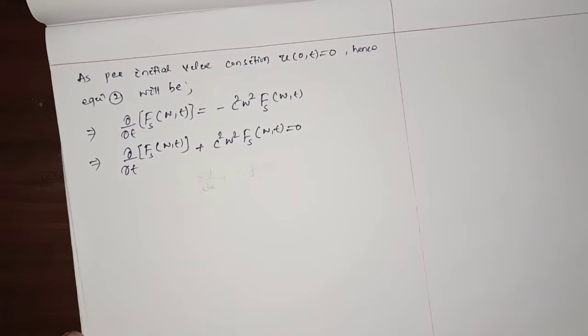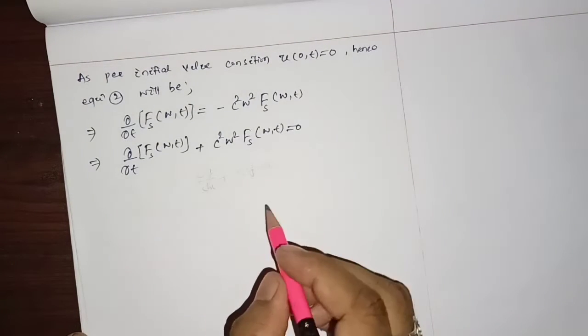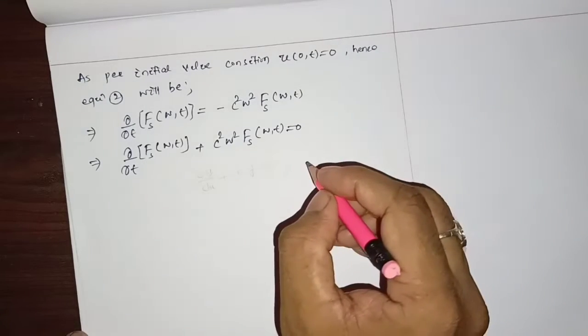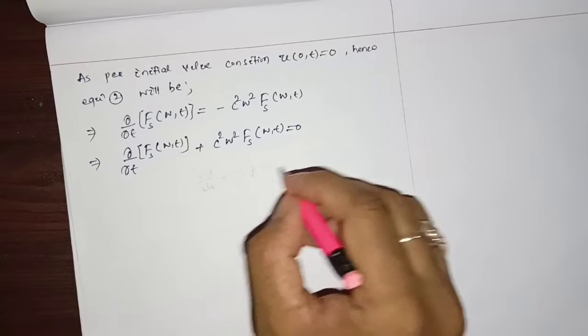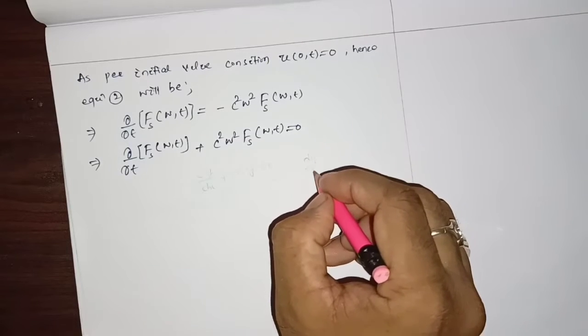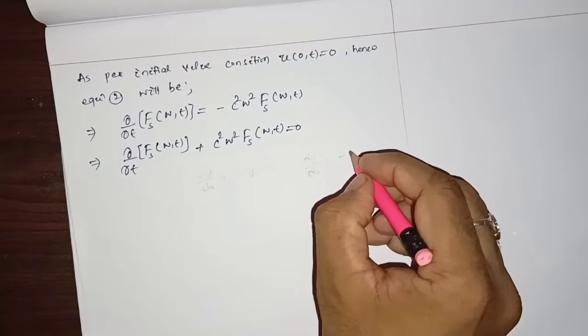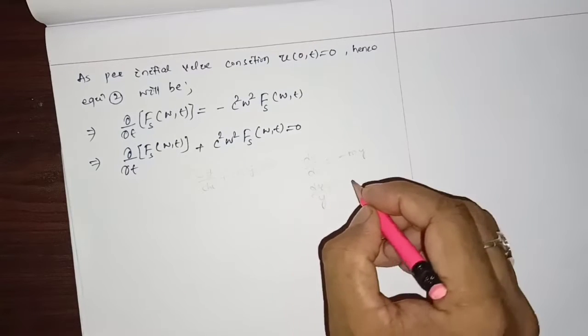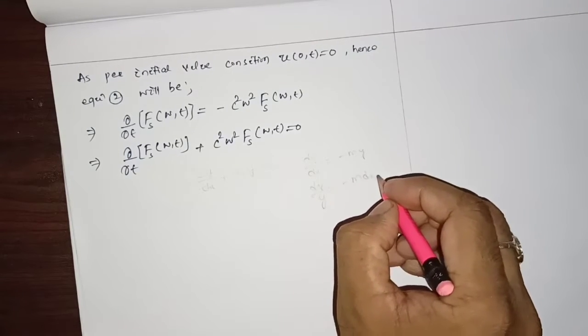Okay, so the general solution of this equation, how we can estimate: here you can see dy by dx equal to minus my, and dy by y will be equal to minus m dx.